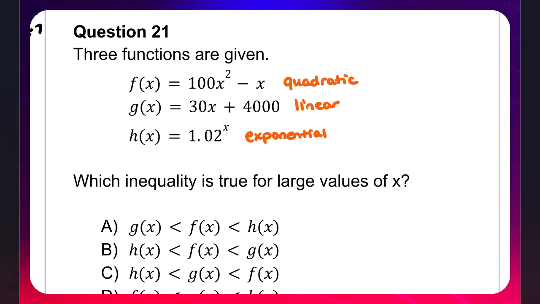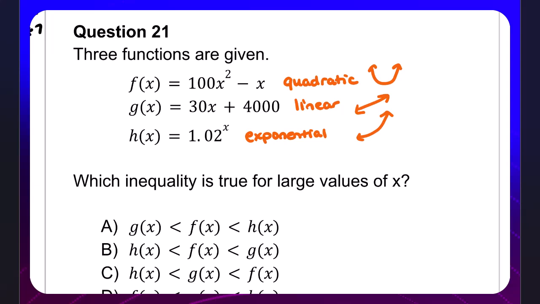Okay, they're all growing. They're all increasing in some way. This one increases consistently because it's linear. Quadratic increases because it's squaring the number. But exponential just skyrockets up. Now, I'm going to tell you, exponential is always the fastest.